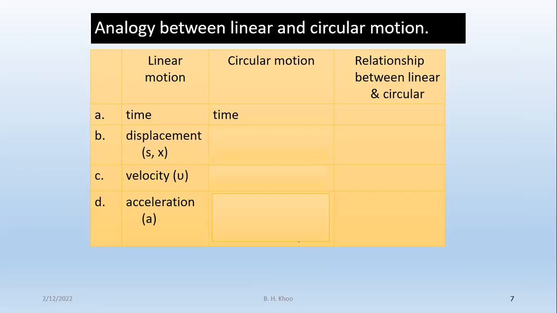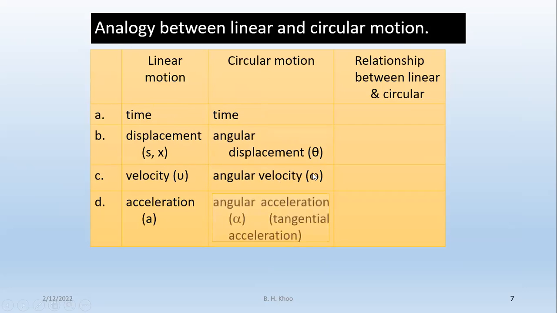Okay, so analogy: time is the same whether it's linear or circular motion. But for displacement, in circular motion we use angular displacement, theta. It's a vector, remember. Then velocity, we have angular velocity, omega. It's a vector also.